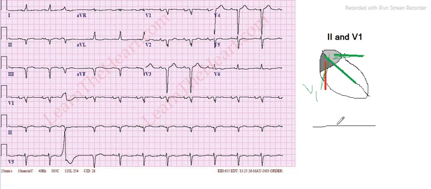Suppose this is the isoelectric line, then in V1 you will have this form of P wave, isn't it? This positive deflection is seen because of right atrial depolarization, whereas the negative deflection is seen because of left atrial depolarization. Here the magnitude will be equal.